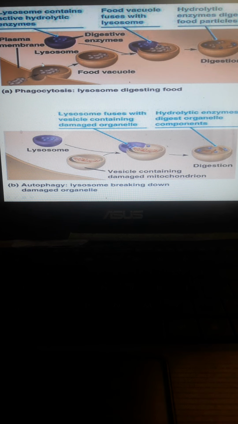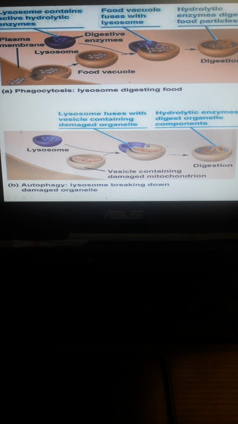The plasma membrane forms an invagination known as a food vacuole that receives the food or other chemicals that enter the cytoplasm of the cell. The food vacuole carries the food and then fuses with the lysosomes, because lysosomes contain a bag of enzymes.